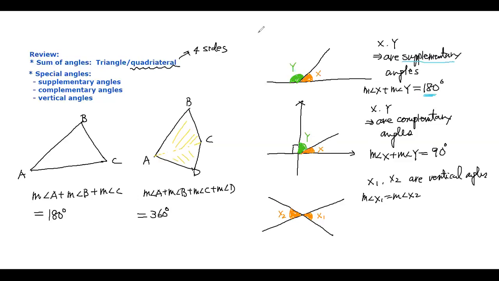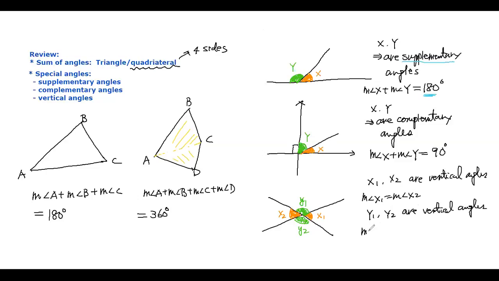So you will say, hey, how about the other side? Yes, like these two angles here, this angle and this angle. If this is y1 and this is y2, in the same way, we know y1 and y2 are vertical angles also, right?